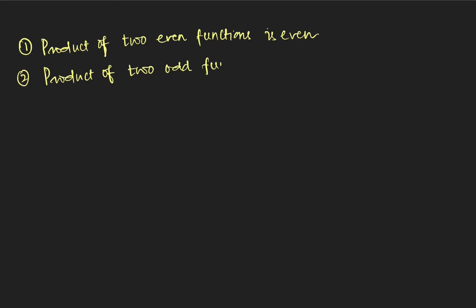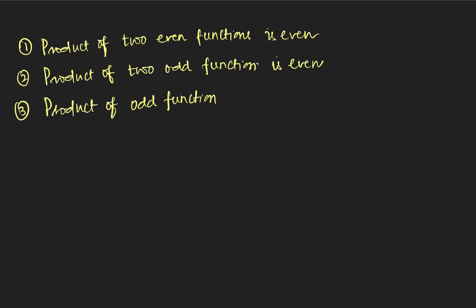The third one, the product of one odd function and one even function is an odd function. So these three are the important properties we will use.